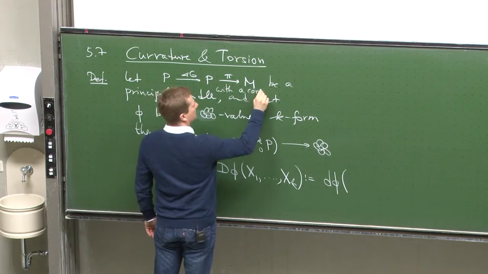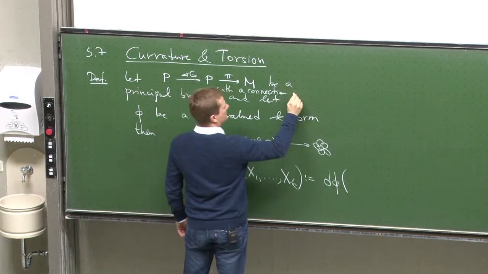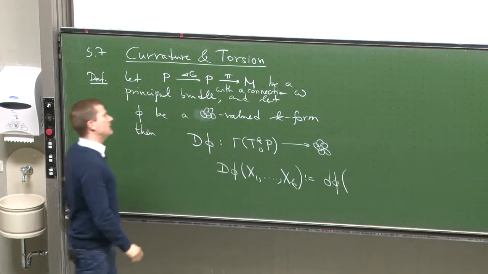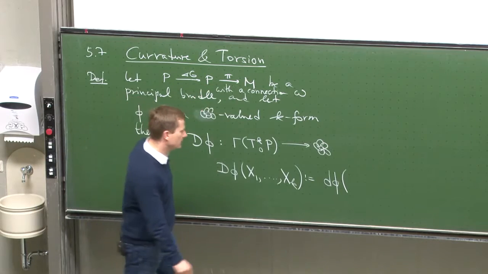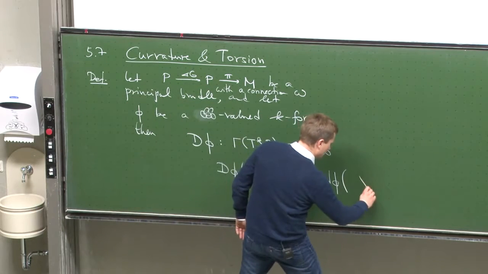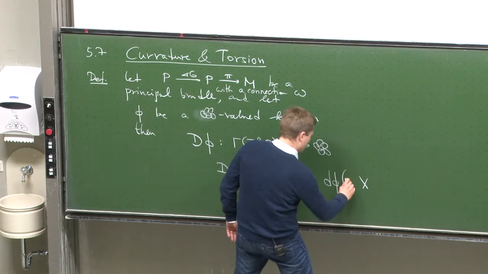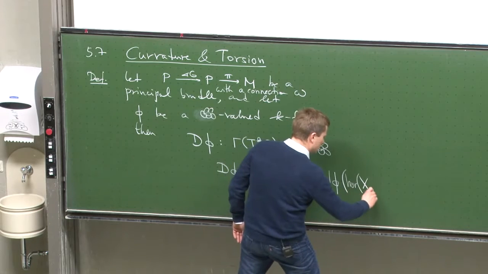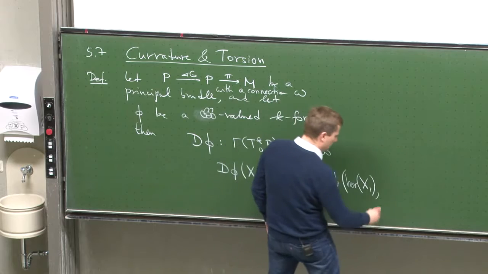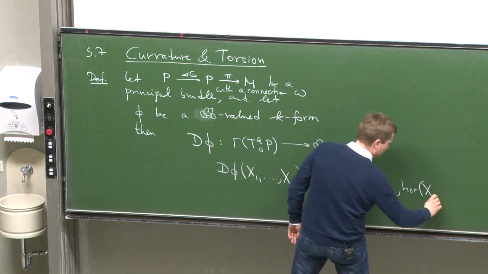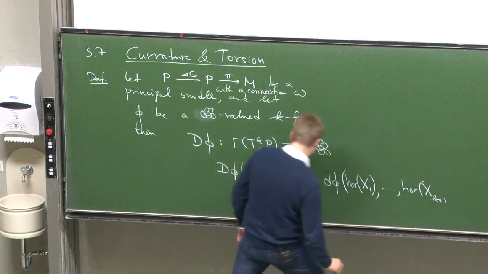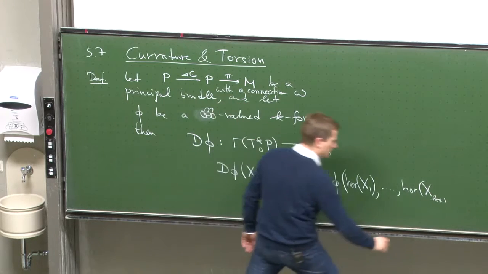That's important. With a connection, well, I just write connection, but I mean connection 1-form omega that lives on this principal bundle. Then I plug in all the x's here, but only their horizontal parts. So this is the horizontal part of x1 up to the horizontal part of x(k+1). Here I must say k plus 1.